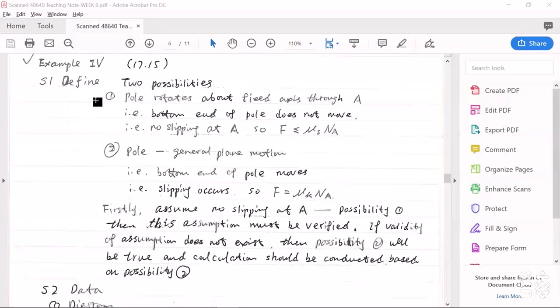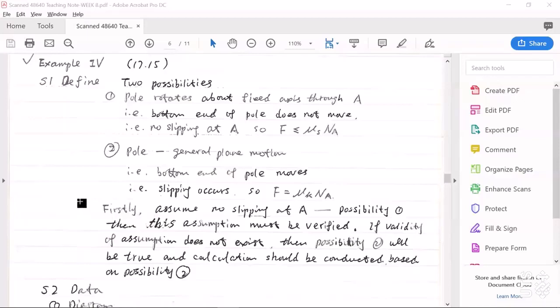It will be a problem of rotation about a fixed axis, and we can get a result. But because we made an assumption here, we must verify this assumption.